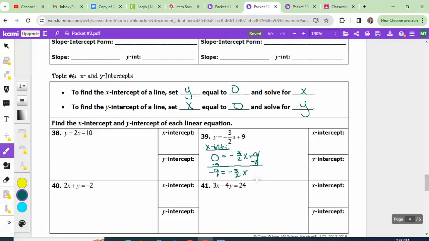And then what would we do? Divide by -3/2. So we're just solving for x. Sorry, I kind of ran out of space there.